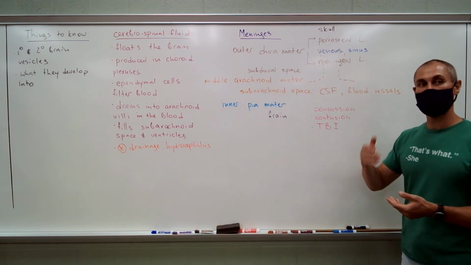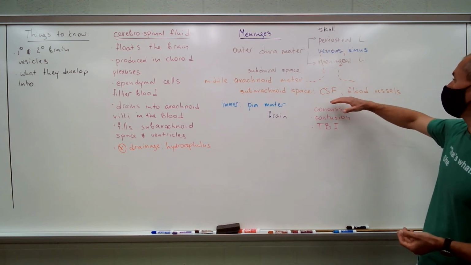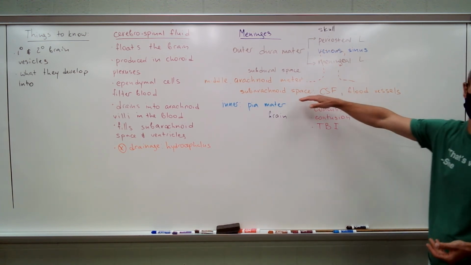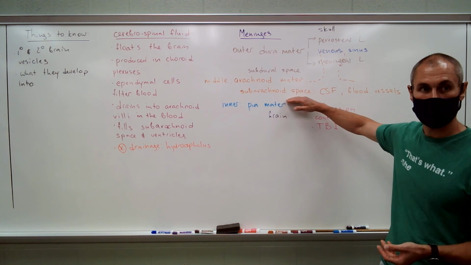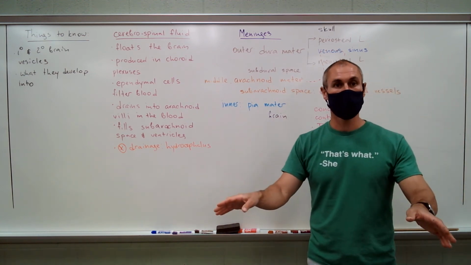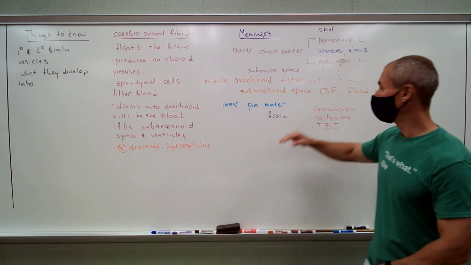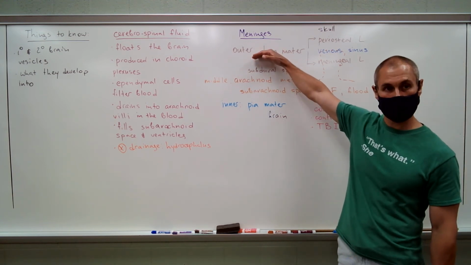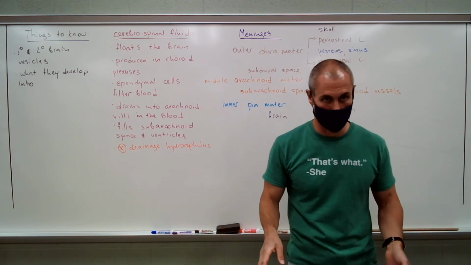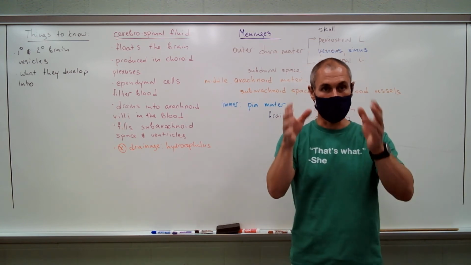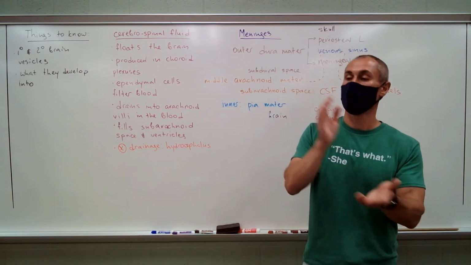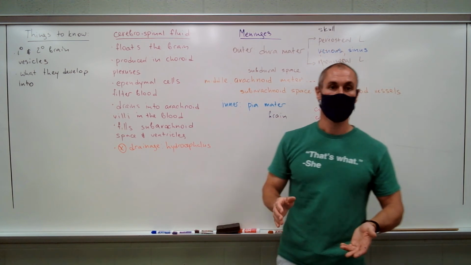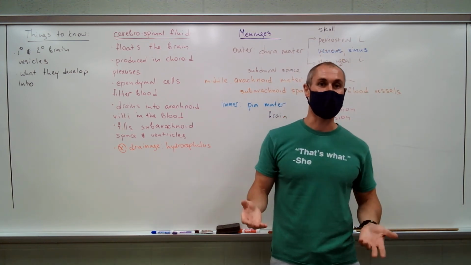In some cases, traumatic brain injury may result in damage to the blood vessels in the subarachnoid space. They start to leak, and you get a subarachnoid hematoma. Sometimes they leak into the subdural space, and you get a subdural hematoma. Hematoma is an accumulation of blood. Increased pressure again.